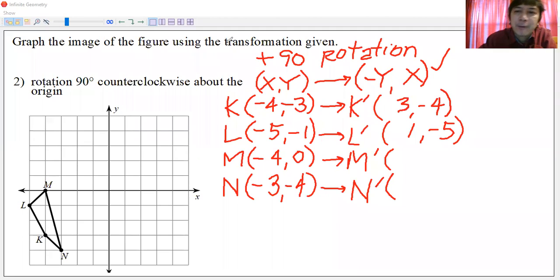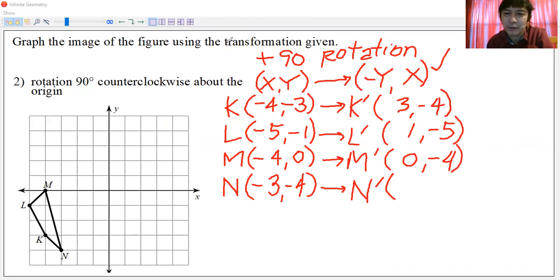Then we proceed to M prime. M is -4, 0. This must become 0, -4. The -4 is occupying the y column, which means there's no change. And the 0, if you reverse it, there's no change.